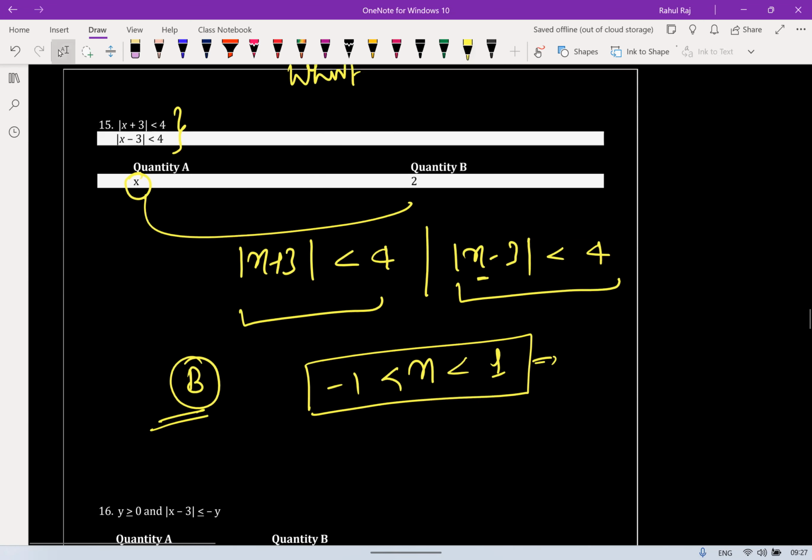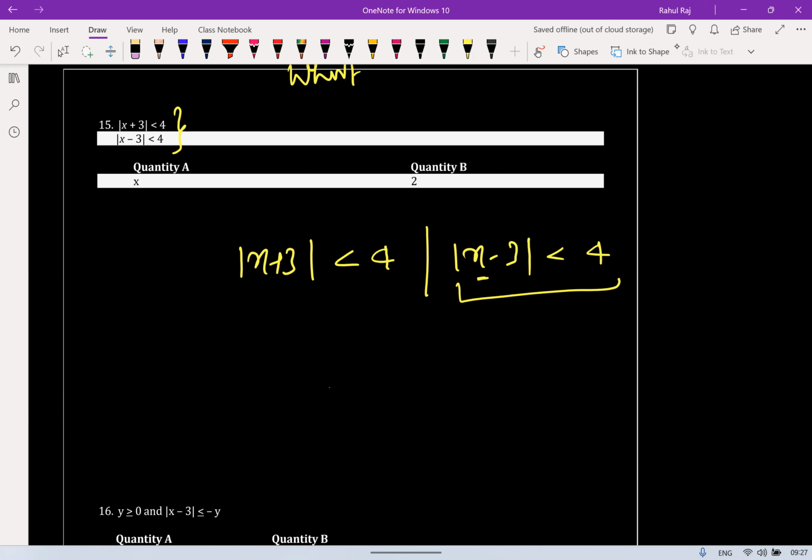So for this one, because they've given two similar equations, you have to solve independently, right? For example, solve the first one: mod of x less than 4, so x lies between -4 and +4, right?